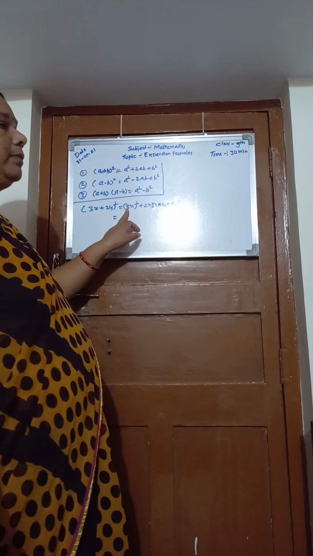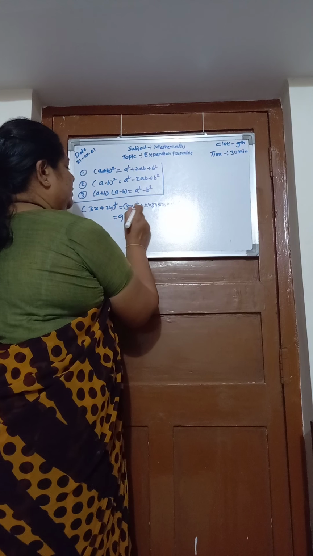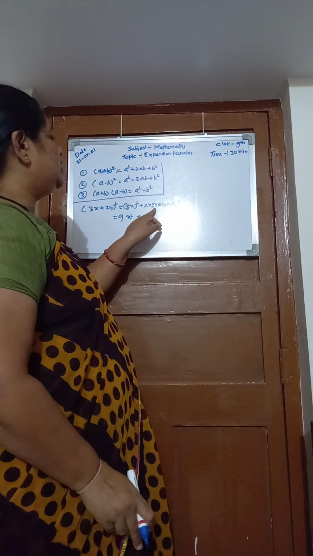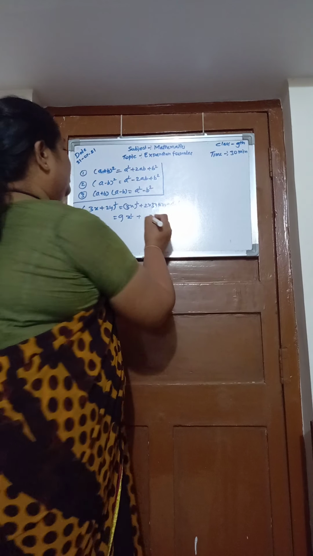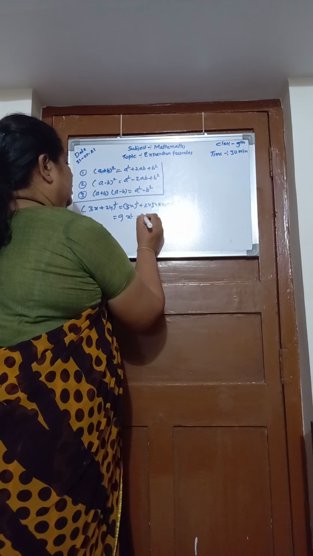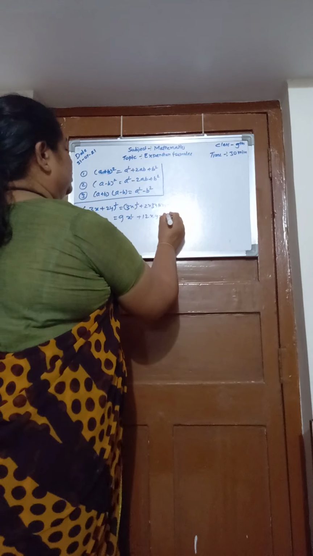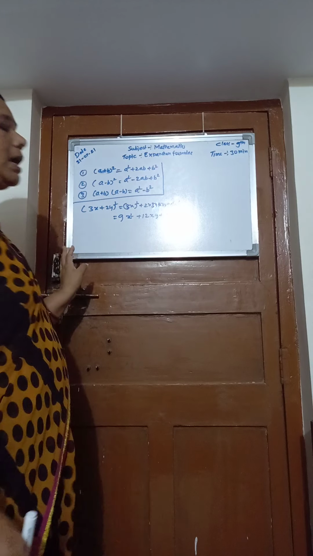The square of 3 is 9, so 9x square, plus 2 into 3 into 2 is 12xy, plus 2 square is 4y square. This is the main answer.